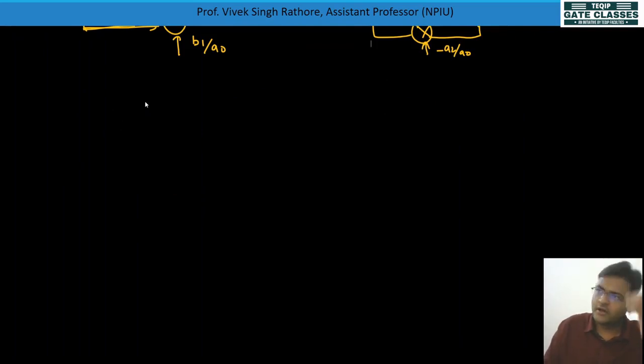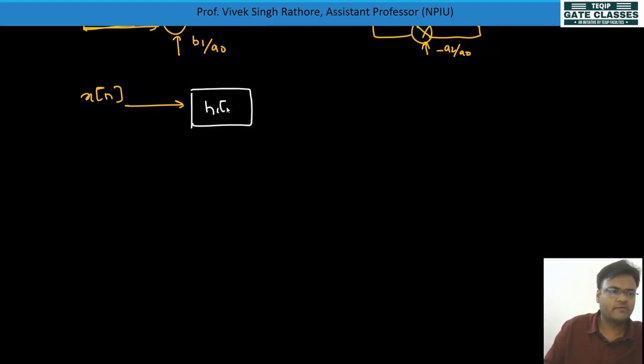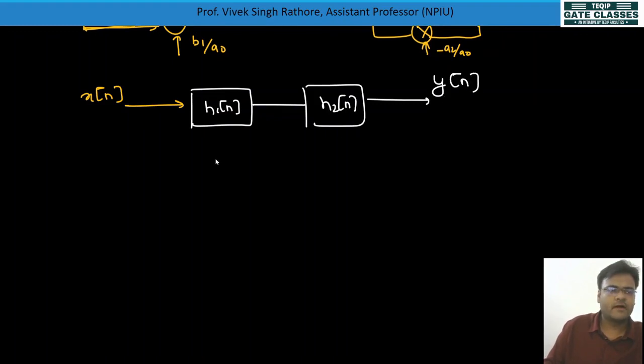So see, as we know, the cumulative property says that, let's suppose x of n is given as input, and we have h1 of n and h2 of n, and we get output as y of n. So as you know, x of n convolved with h1 of n convolved with h2 of n will be the output.